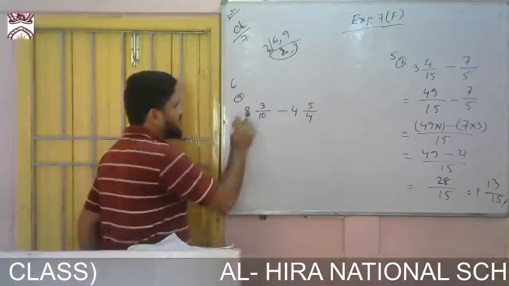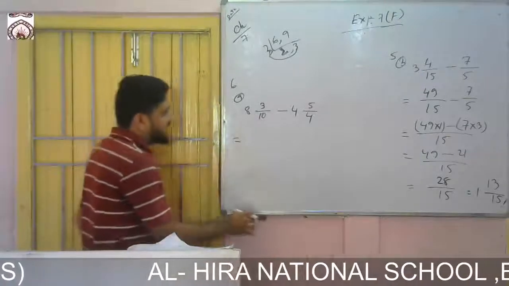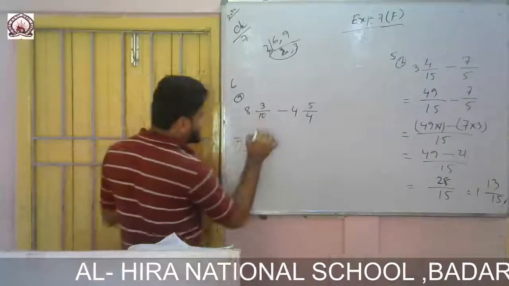So here you see 8 10s are 80. 80 plus 3 is 83 by 10.